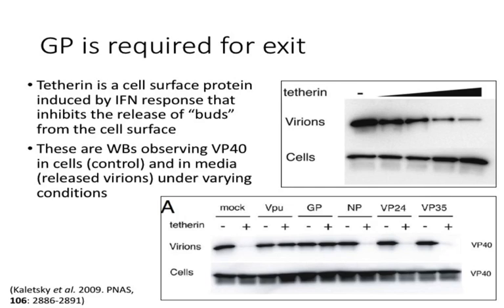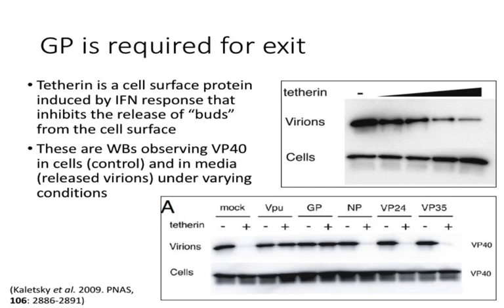So they've taken 293 cells, infected them with Ebola, let them grow for 24 to 48 hours. This is the amount of VP40 in the cells. This is the amount of VP40 in the media, and in the media, this indicates that these are released viral particles.